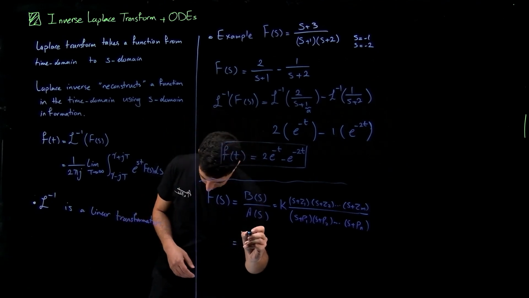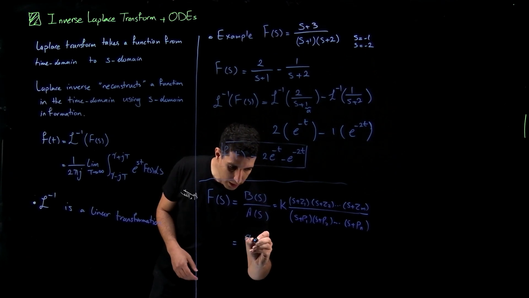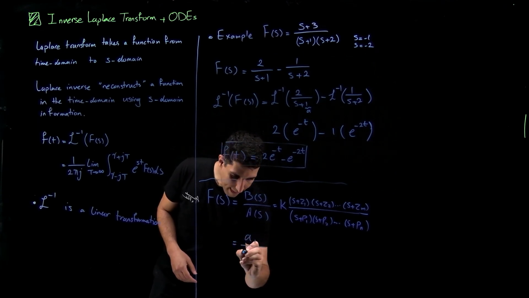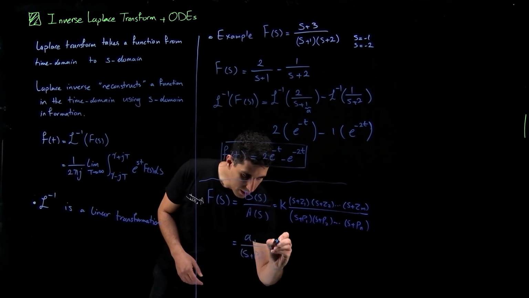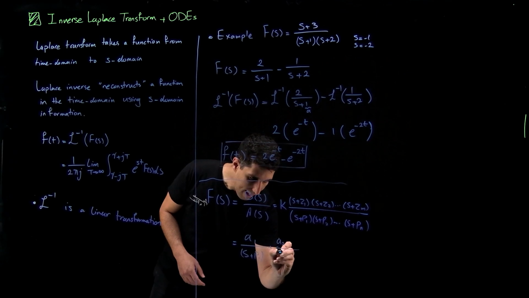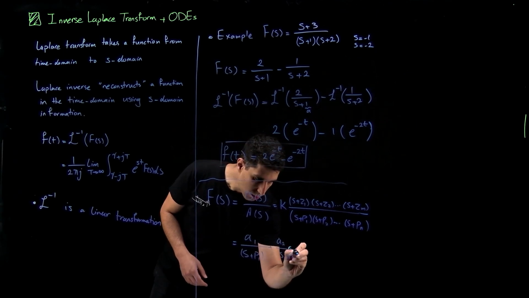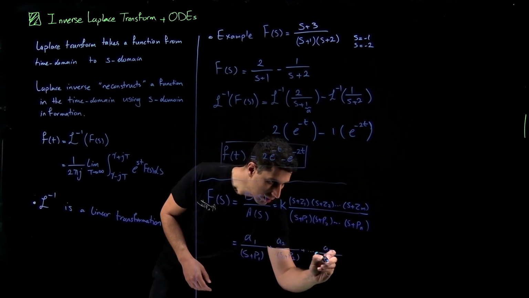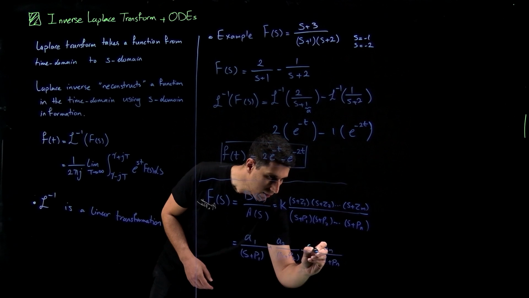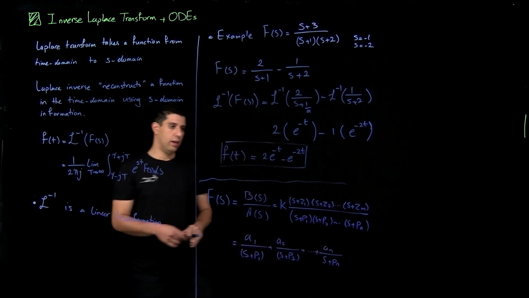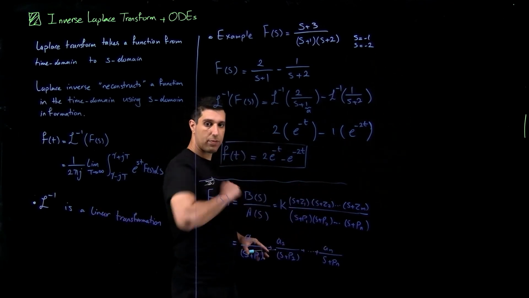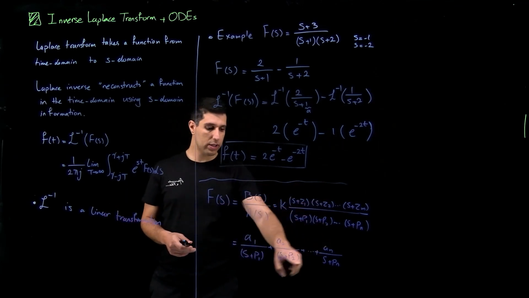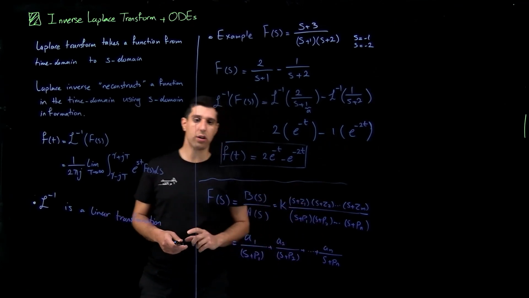But we can do something and convert it to something called partial fractions, A1 over s plus p1, A2 over s plus p2, to An over s plus pn. The good thing is, if we have a function of this form, we can always convert it to these partial fractions.